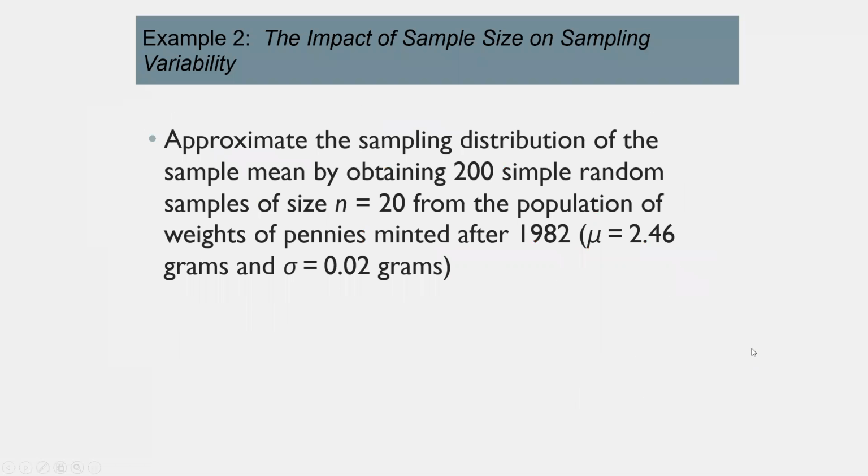So here's what I want to do. I want to redo the same experiment. So approximate the sampling distribution of the sample mean by obtaining 200 simple random samples of now size 20 instead of size 5. So previously, we did 200 samples of size n equal to 5.